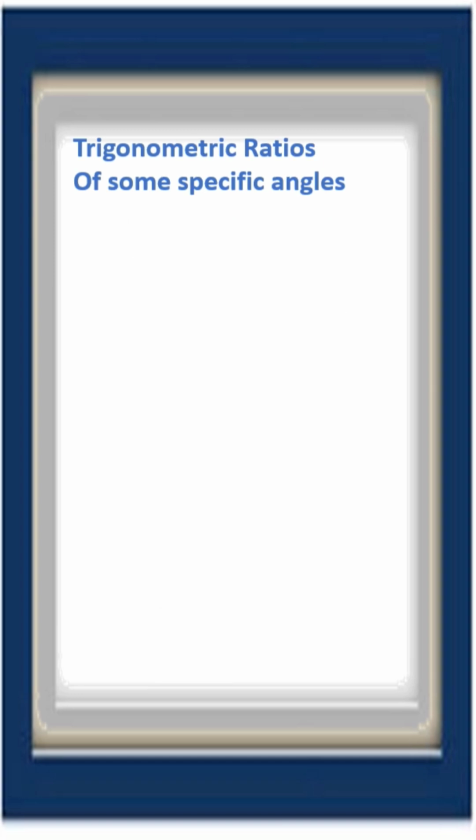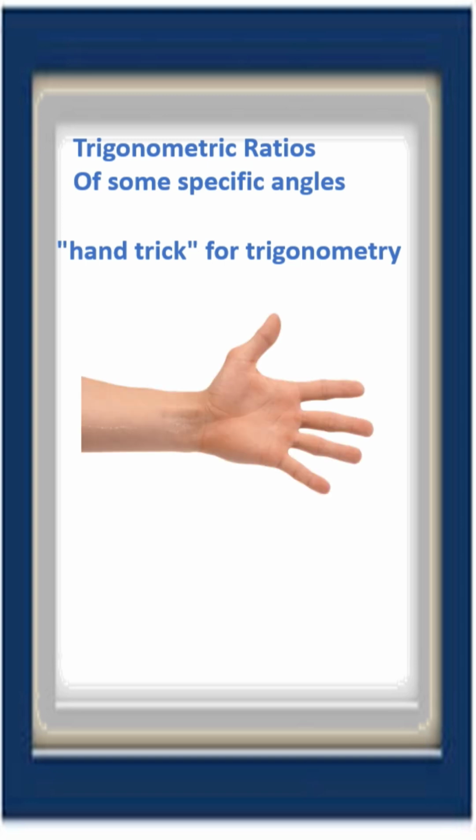If you are not happy with the table trick of finding trigonometric ratios of some specific angles, here is the best method for you, that is the hand trick method for trigonometry. You have to spread your left hand palm up like this and write the angles from the little finger: 0, 30, 45, 60, 90.